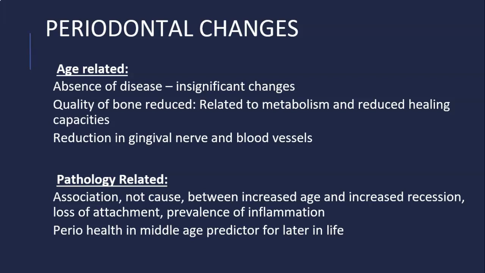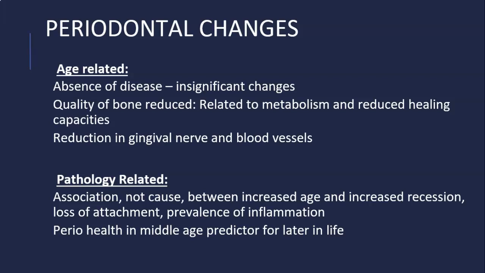The quality of bone can be reduced related to metabolism and reduced healing capacities and the reduction of gingival nerve and blood vessels. So there are maybe very moderate changes, but these are all really exacerbated and seen in much higher number in the presence of disease.